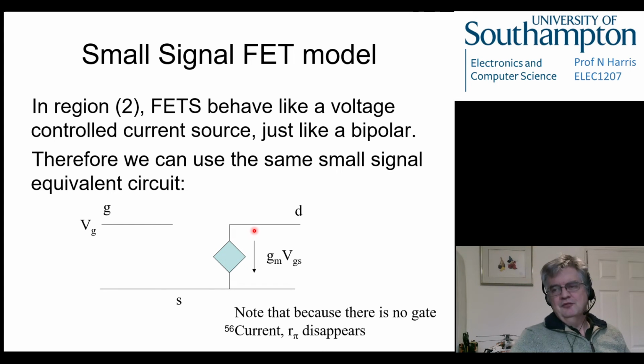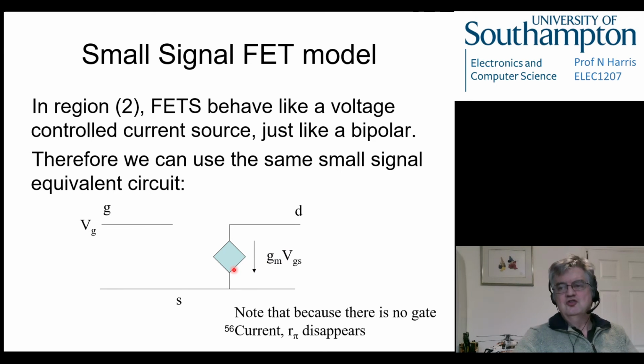We know that the flat region is a constant current source. So here's a constant current source. It's got a value of GM, conductance or transconductance, which we understand, or if we don't, we can revisit the bipolar development of this model, and it's the same kind of idea.